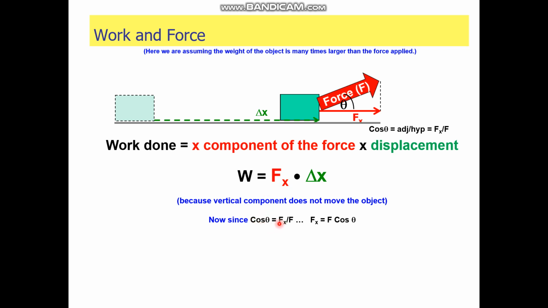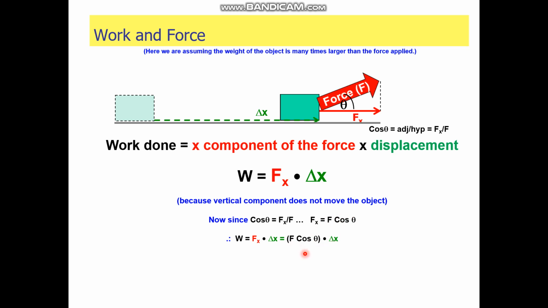Since cos theta equals Fx over F, we can rearrange that, take the F to this side, and we have Fx equal to F cos theta. Now we can put that into our equation. Since we had Fx delta x, instead of Fx we put F cos theta, and we get F cos theta times delta x.